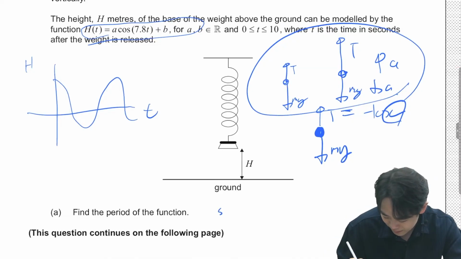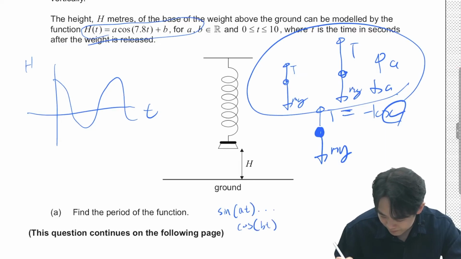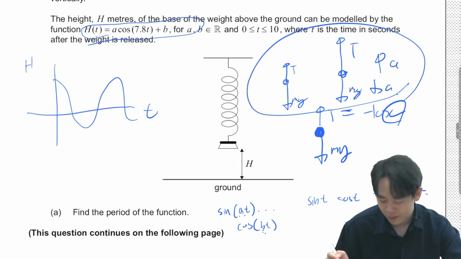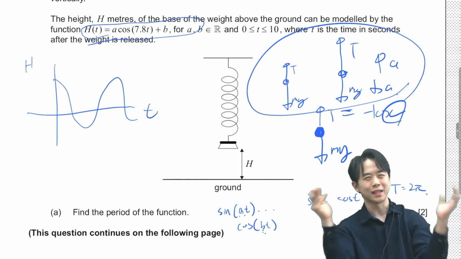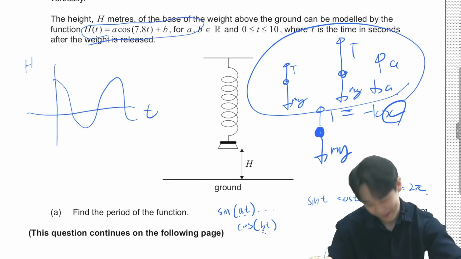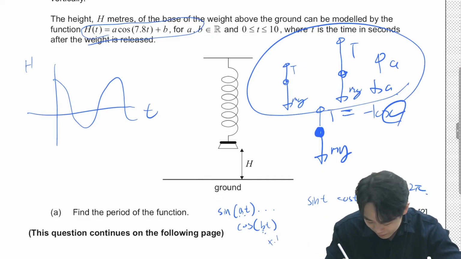So if you have sine of at or cosine of bt, what we know is sine t and cosine t have a period of 2 pi. These are basically the function that has been horizontally dilated, or horizontally stretched, by 1 over a and 1 over b respectively. So this is a horizontal stretch.